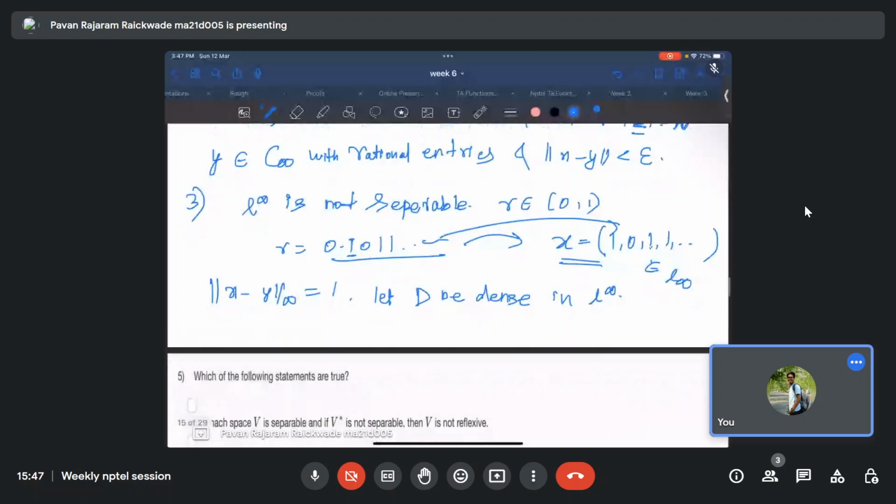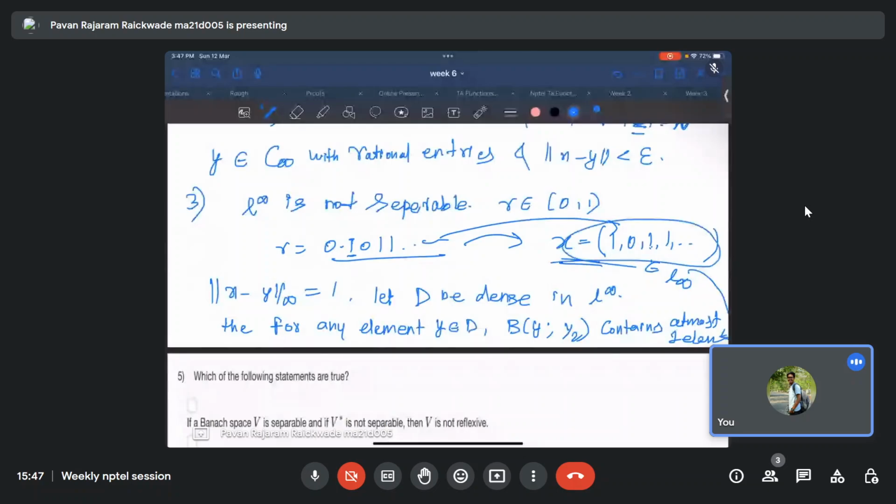Then for any element y belonging to D, the ball centered at y with radius half contains at most one element of this type, right? That means we have uncountably many such elements. To cover all of them, you need uncountably many elements in D. So every dense subset of L infinity is uncountable, hence it cannot be separable.